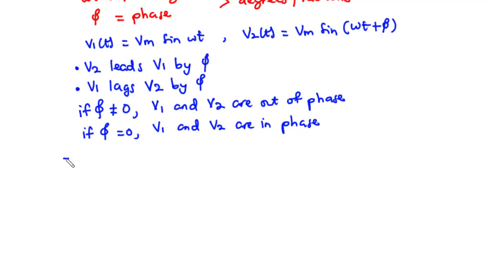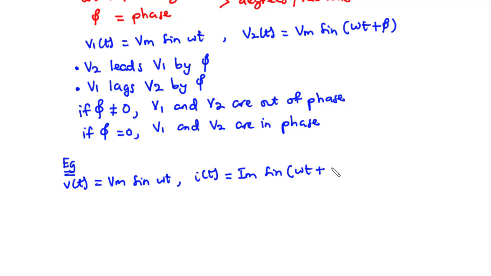Let's assume that we have a sinusoidal voltage, that is V of t, which is equal to Vm sine omega t. And this sinusoidal voltage produces a sinusoidal current, I of t, which is giving us Im sine omega t plus 30 degrees.